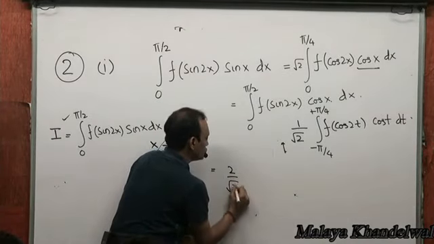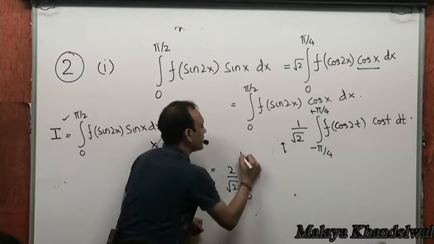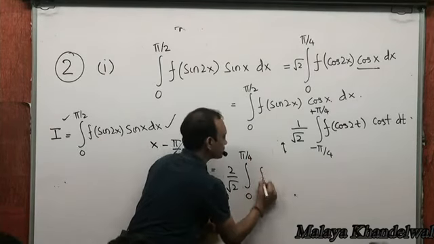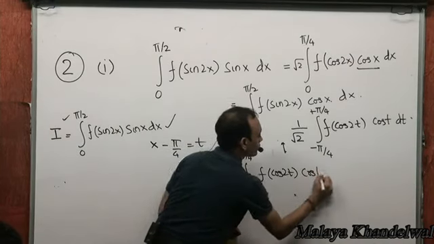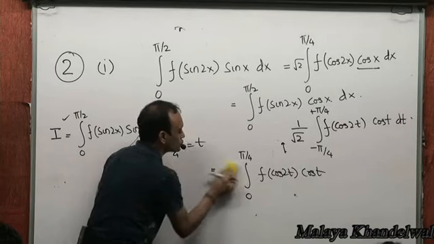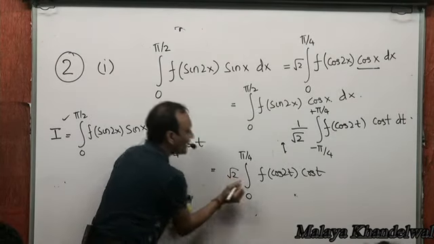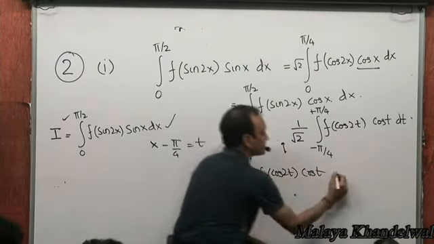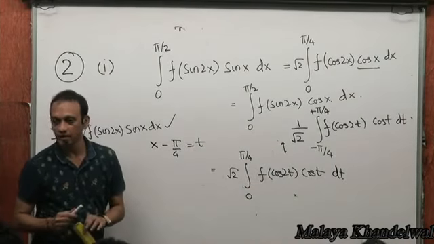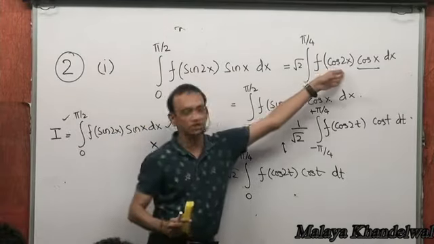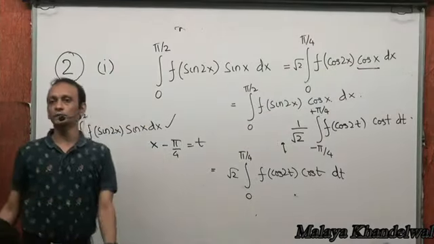So 2 by root 2, 0 to pi by 4. Two by root 2 is root 2. And now you can replace t by x, how does it matter? You can replace t by x, y or z, does not matter. Which reduces to this. Clear?